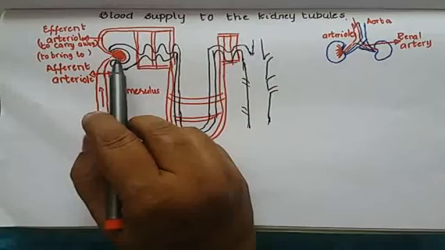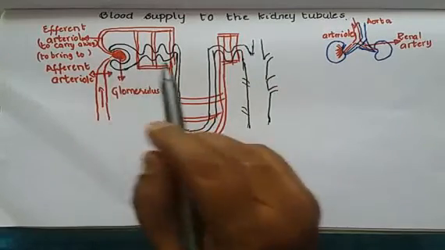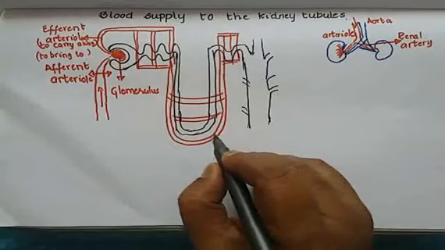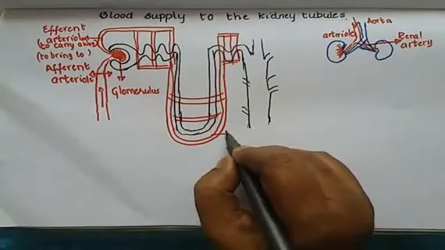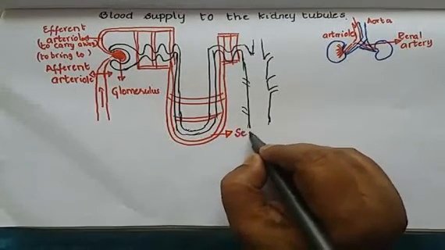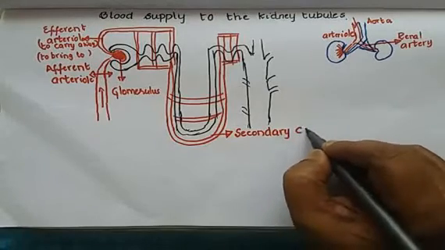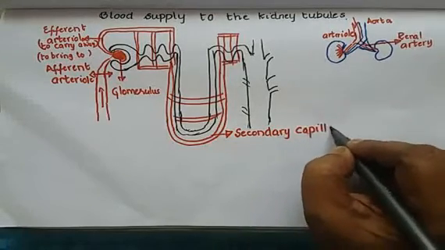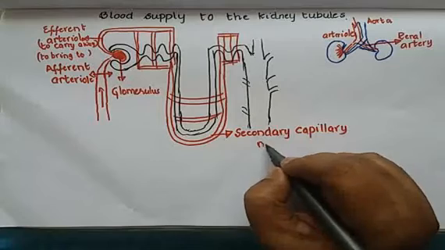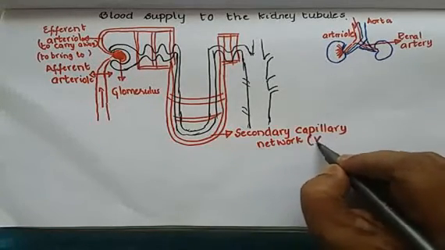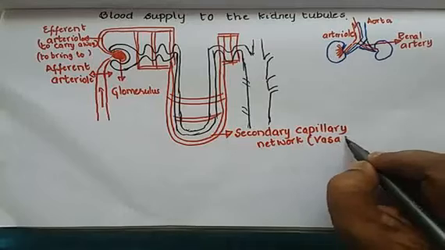For the first time we had it in the Bowman's capsule. So we are finding the capillaries which are formed for the second time, and since it is formed for the second time, we call this a secondary capillary network. Secondary capillary network, which is also known as a vasa recta.